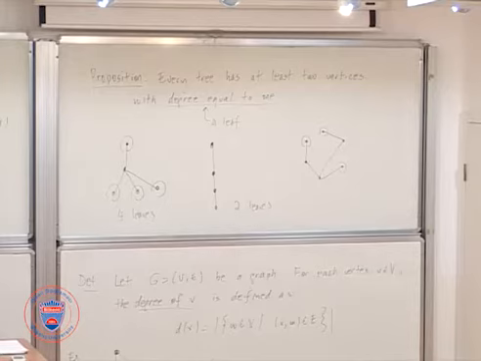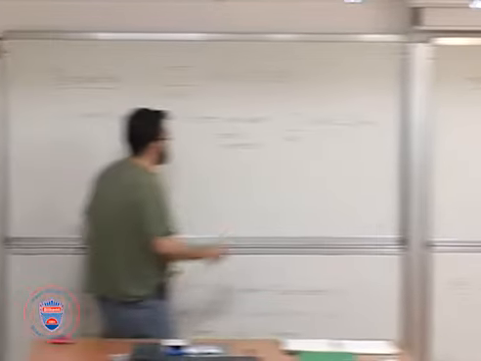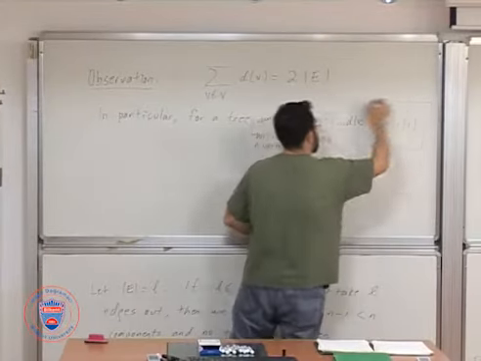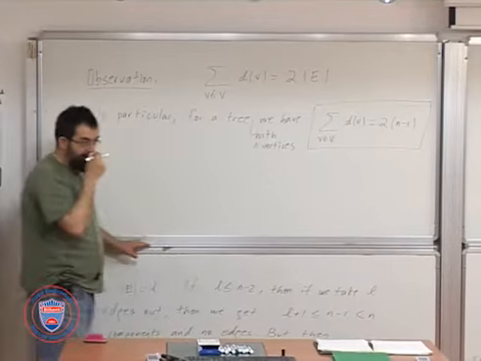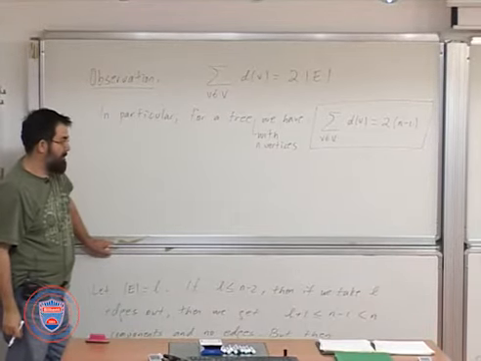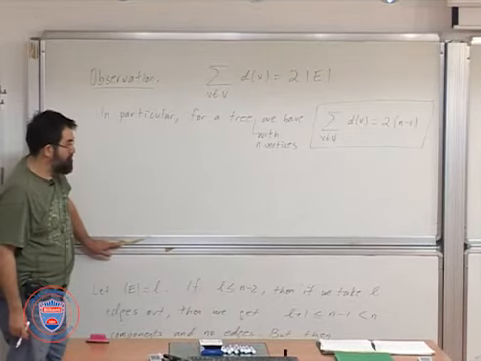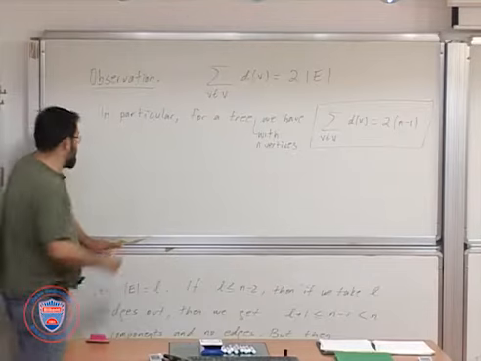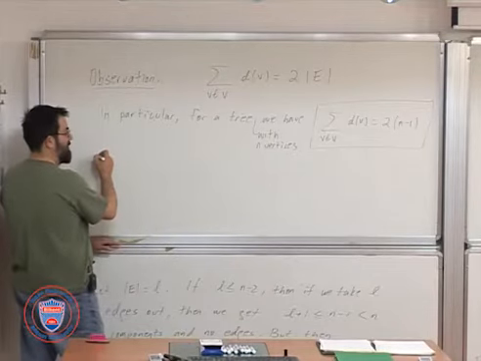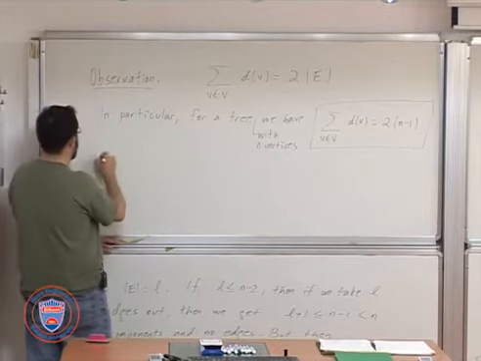So it turns out that you can show that you have at least 2 leaves using this inequality. This is the argument, the proof of the proposition.